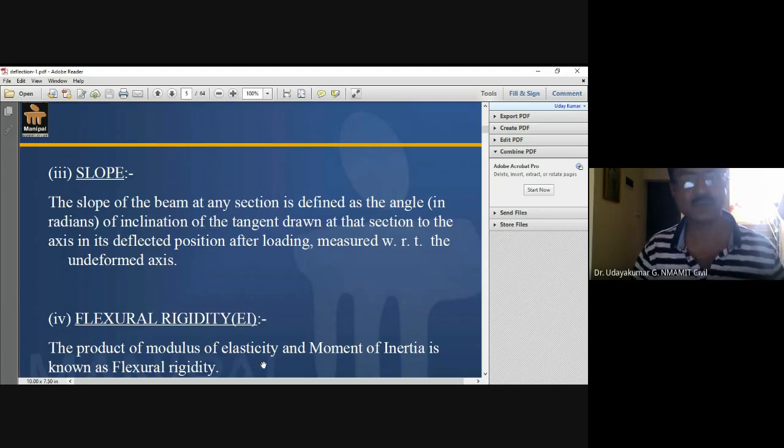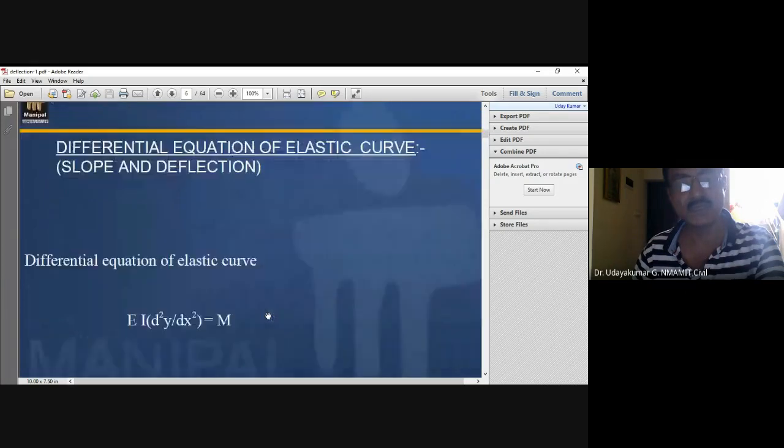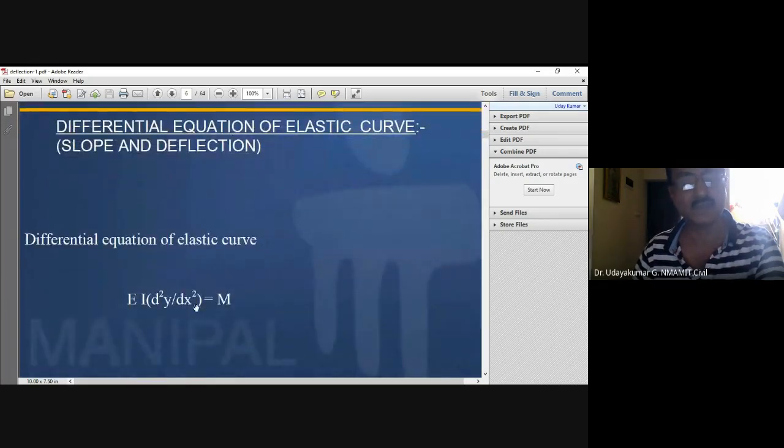The product of modulus of elasticity, that is Young's modulus E, and I, the moment of inertia, is known as EI, the flexural rigidity. So the equation we get is EI d squared y by dx squared is equal to M. EI is the flexural rigidity, and this is the differential equation of the elastic curve.